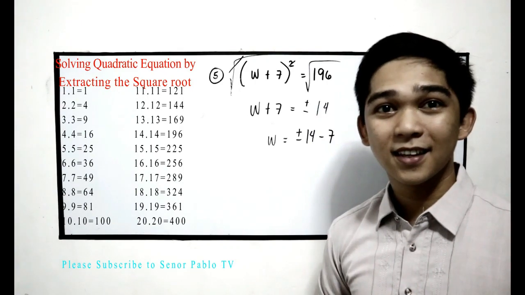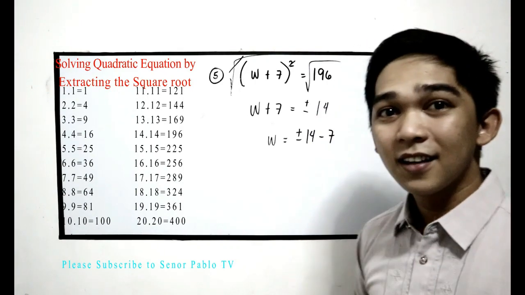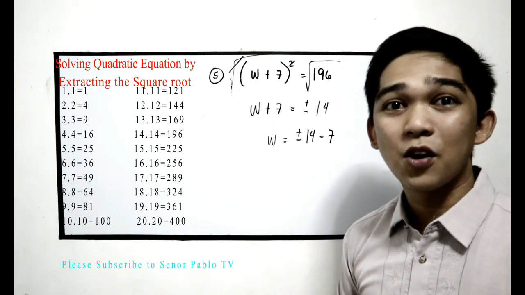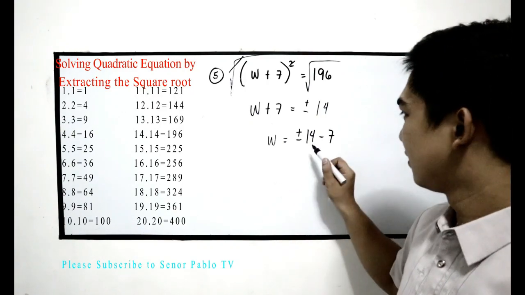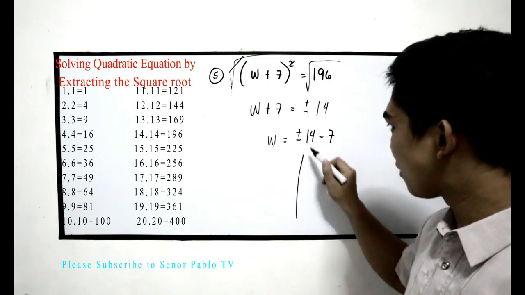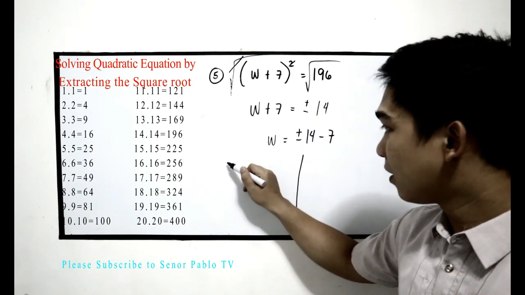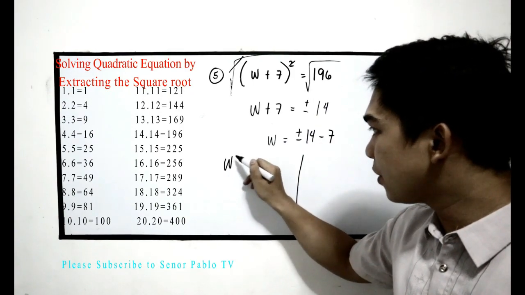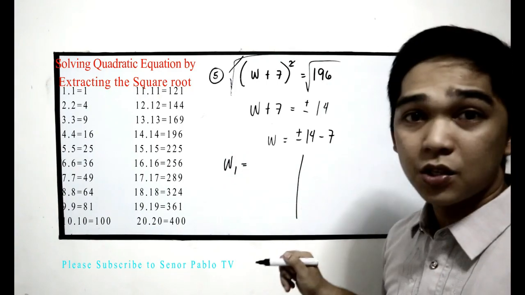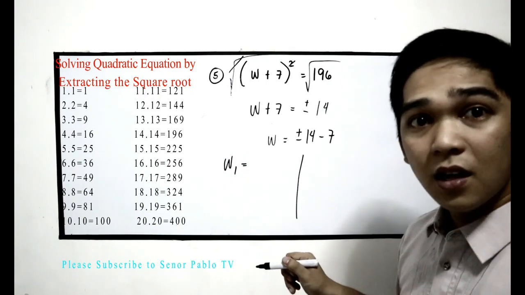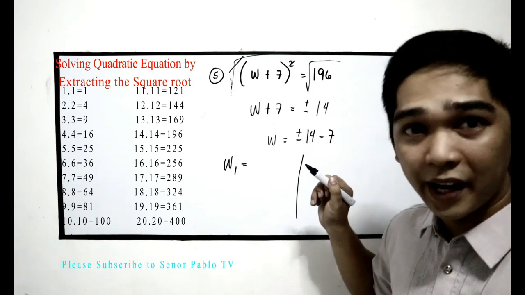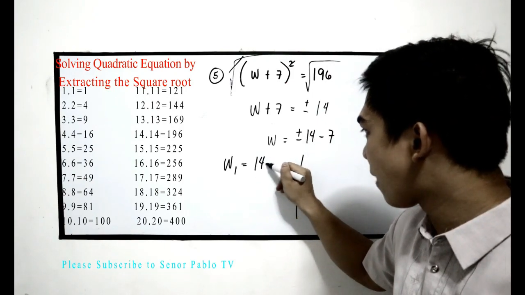Did you get it? Okay? Find the value of w. Notice that we have positive and negative 14. So we will have w sub 1, which means our first value, and let us use the positive sign. 14 minus 7.